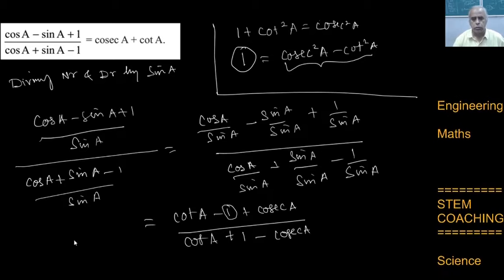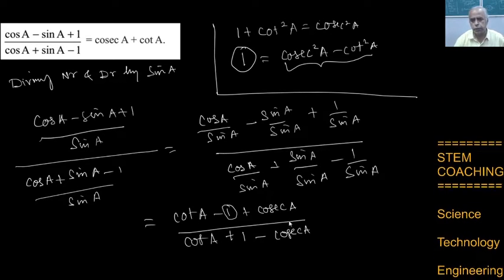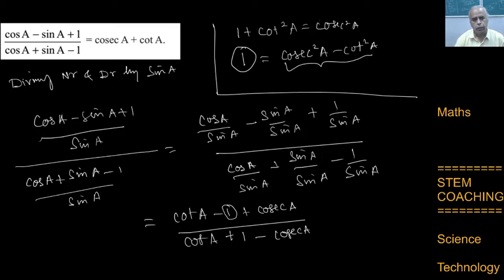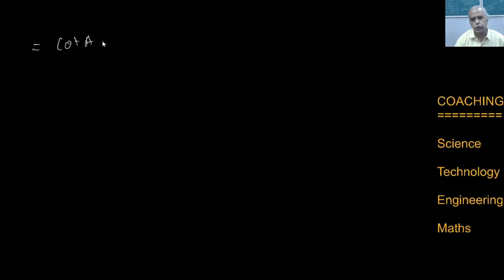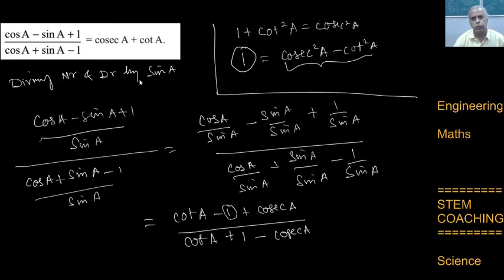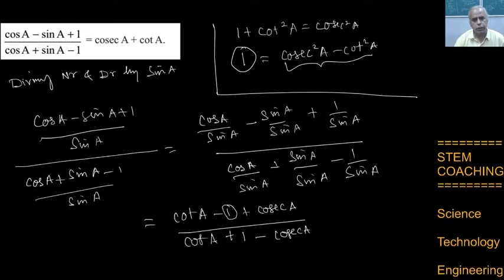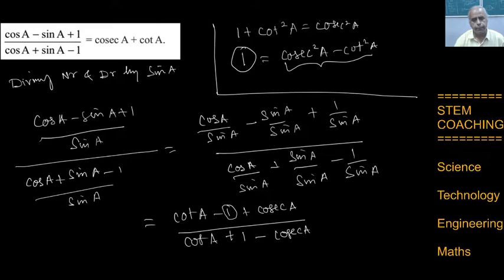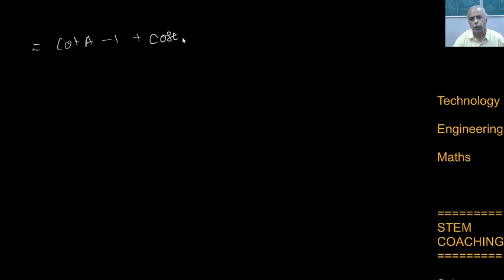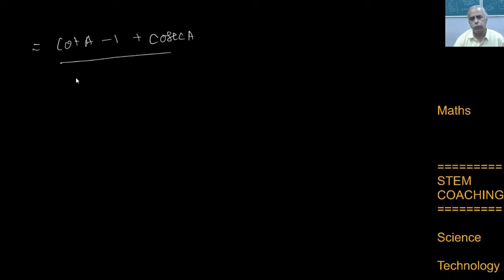Okay? Right. Now let me rewrite once again. Tell me again that RHS, that is equal to, what is that? Cot A minus cosec square A, cot A minus minus 1 plus cosec A. Cosecant A whole divided by, tell me.